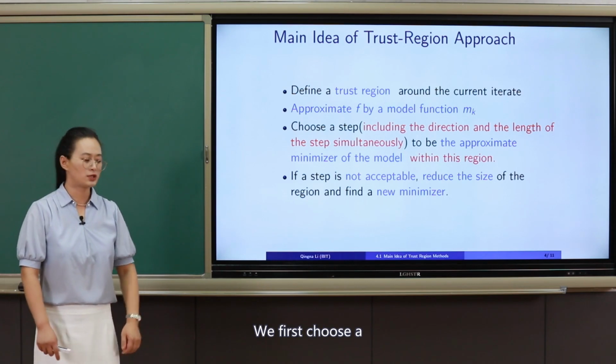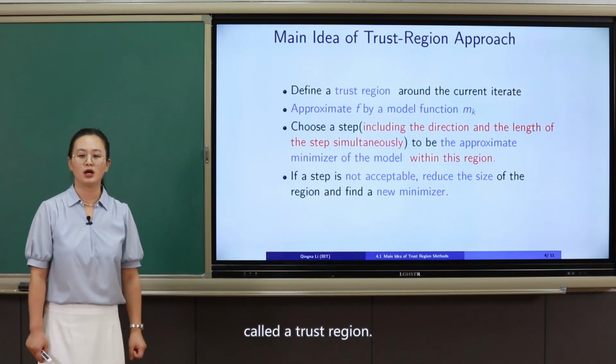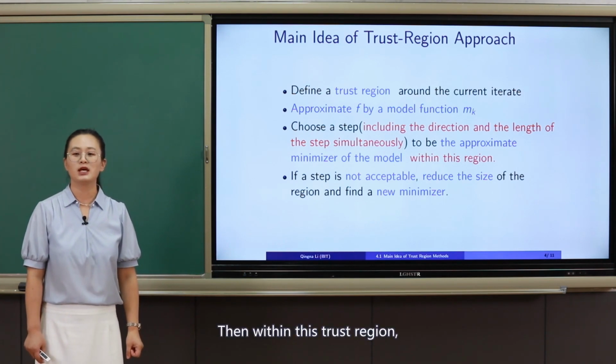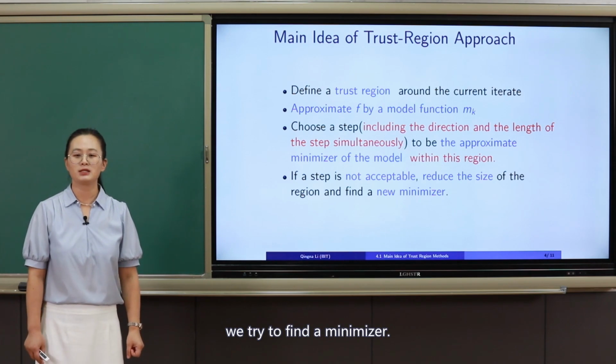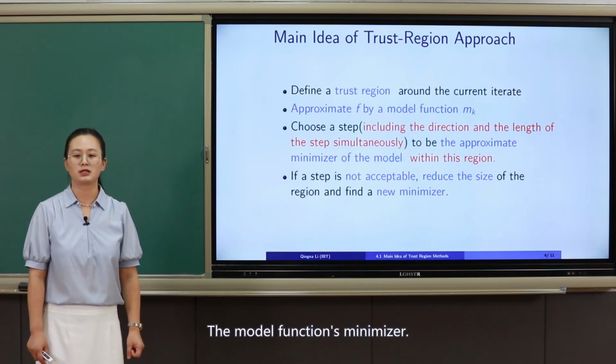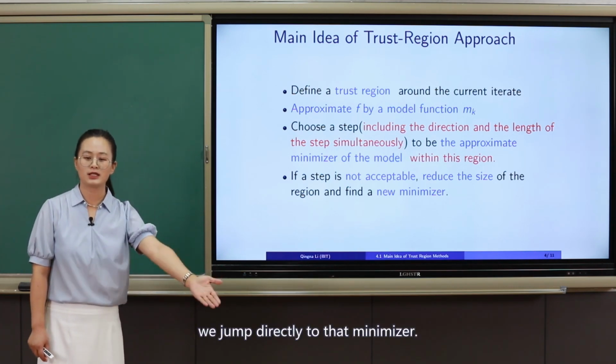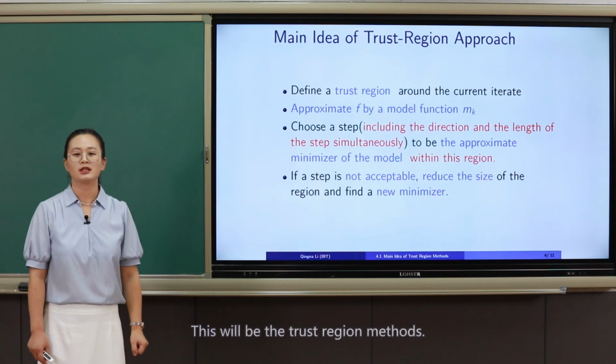We first choose a circle, or a region called a trust region. Then within this trust region, we try to find a minimizer. Whose minimizer? The model function's minimizer. And after that, we jump directly to that minimizer. This is the trust region method.